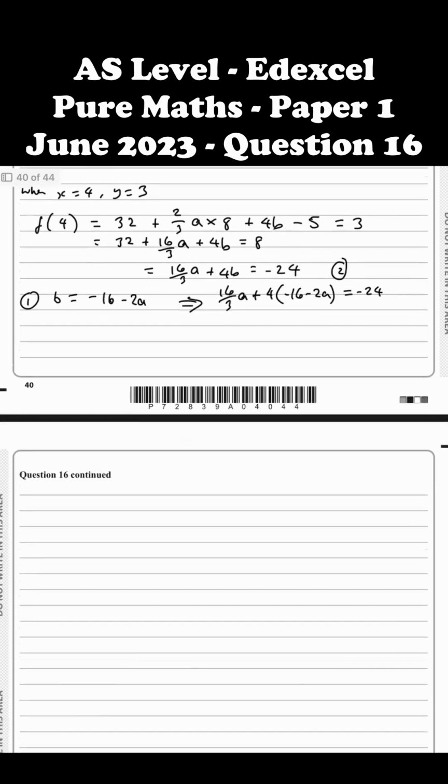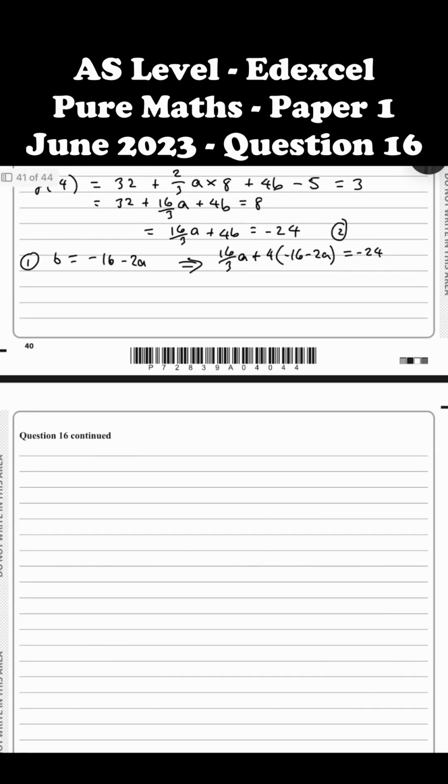We'll just scroll down here. So we're going to have 16 over 3a minus 64 minus 8a equals minus 24. Times everything by 3. 16a minus 192 minus 24a equals minus 72.